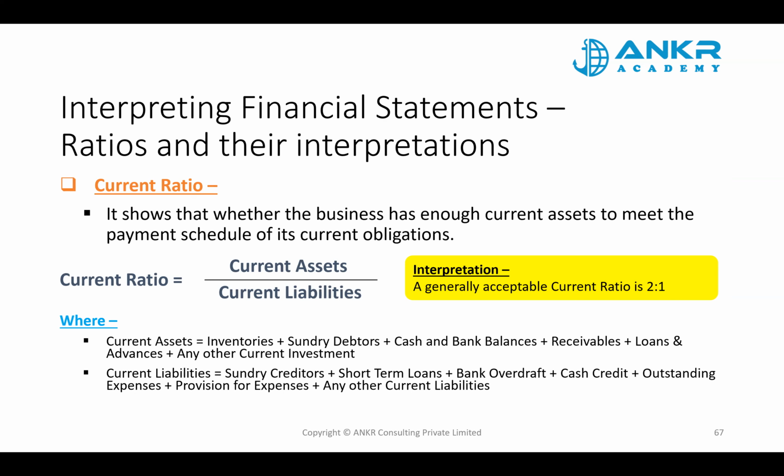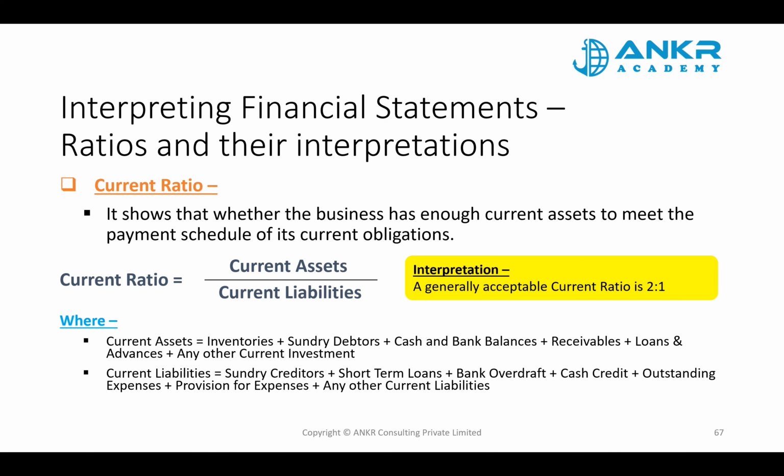And what all is included in the current ratio? You have all current assets like inventory, debtors, cash and bank, receivables, and other current investments, etc. But don't include the prepaid expense item in that, because it is not liquidated. You cannot get money out of it, so exclude that.